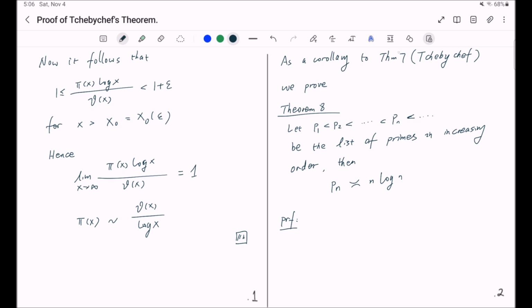First, because p sub n is the nth prime, we must have, by definition of pi, that pi of p_n is precisely n. Namely, there are precisely n primes less than or equal to the nth prime, which, by theorem 7, is bounded above by some constant times p_n divided by log of p_n.